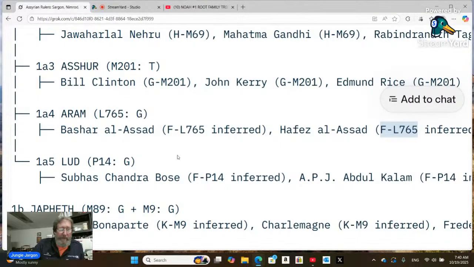Oh, no, it's not scrolling. Anyways, and now we get to the Eurasians, Japheth, M89G, because it retains the original allele G, but now it's M9G, which is unique only to Eurasians.